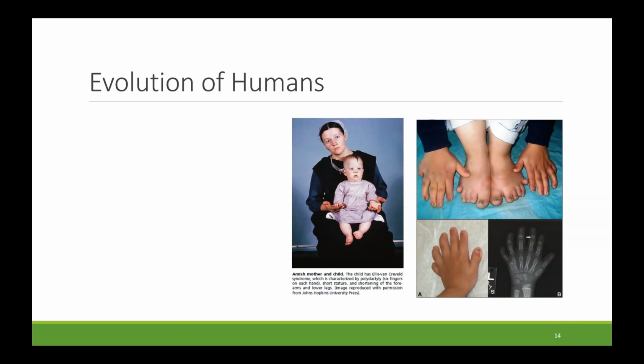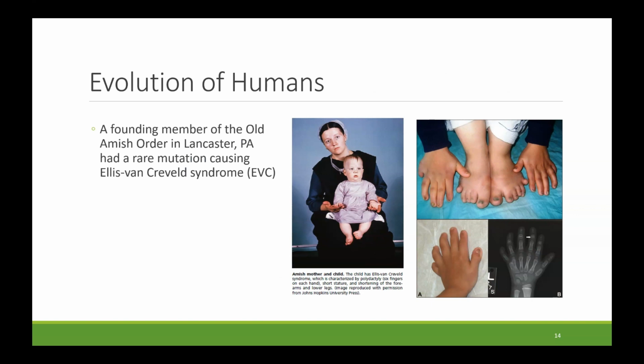So in the early 1700s, this group consisted of just 20 to 40 families, and one of the founding members of the community carried a rare mutation in his DNA that causes what is now known as Ellis-Van Creveld syndrome, or EVC. People with EVC have 6 fingers on each hand instead of 5, as well as short stature and short limbs. Normally, EVC affects about 1 in 200,000 people across the world.